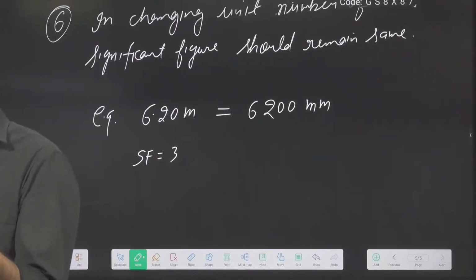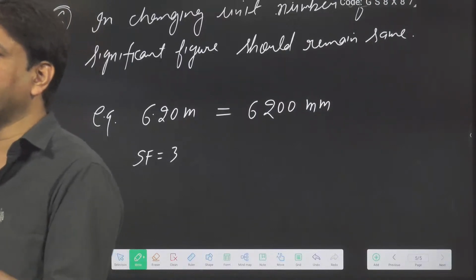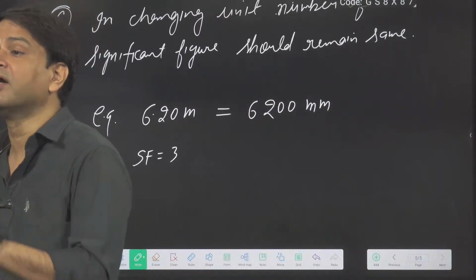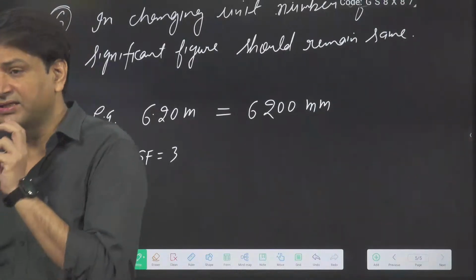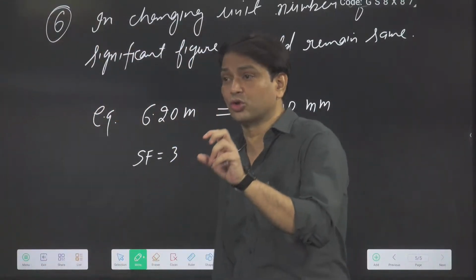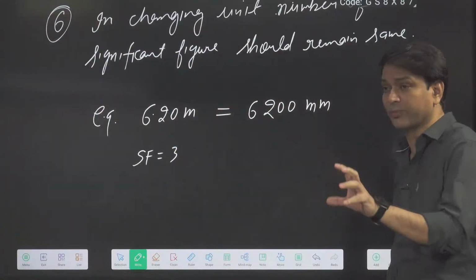Left hand side we have 3 and right hand side we have 2 only. But what I said: in changing the unit, significant figures should not change. It has to remain the same.